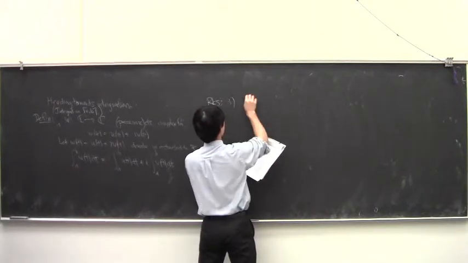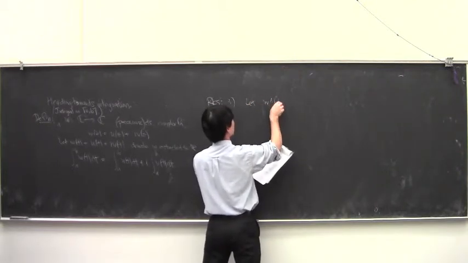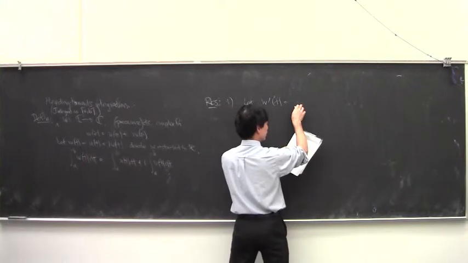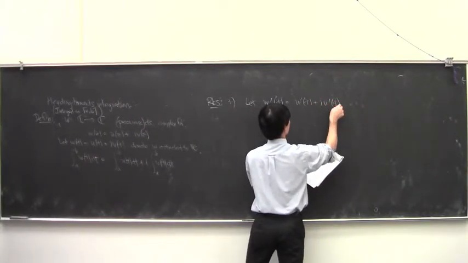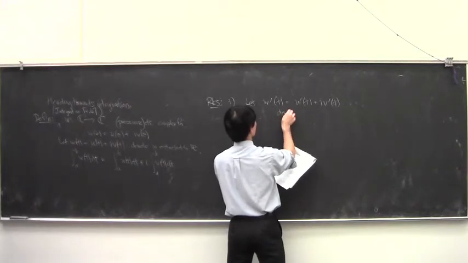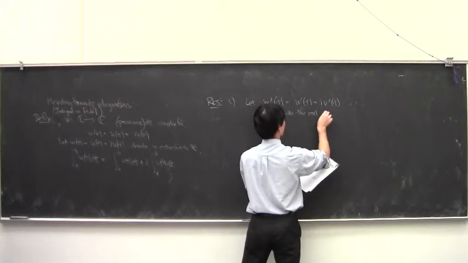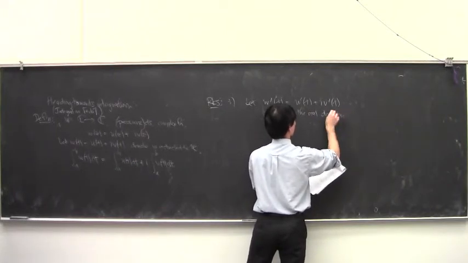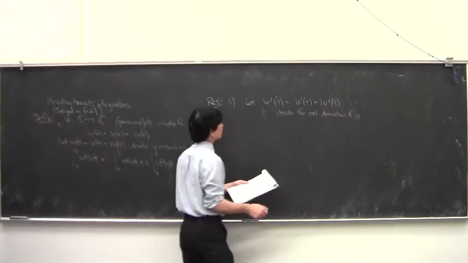So let W prime denote the real derivative of W at t.